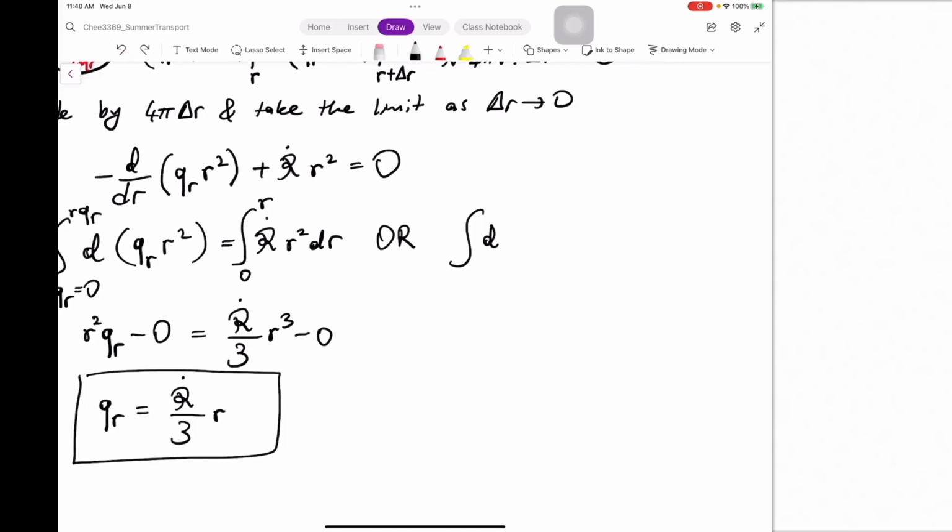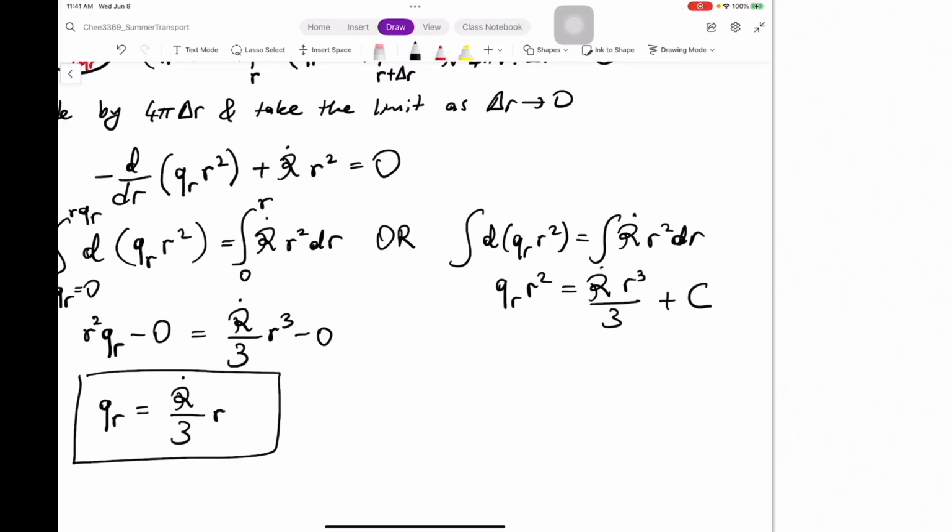You can say QR r squared is equal to the integral of fancy R dot r squared dr, and you find out that QR r squared is equal to fancy R dot r cubed over 3 plus c, because that would be an indefinite integral.